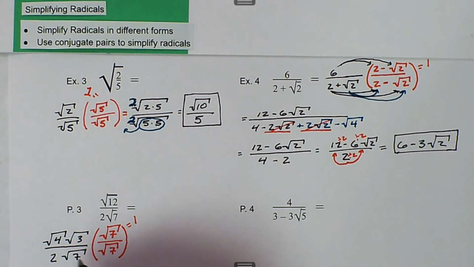So we know that the square root of 4 is 2, so we can write that as 2. And then we have 3 times 7, that's the square root of 3 times 7 under the same radical.